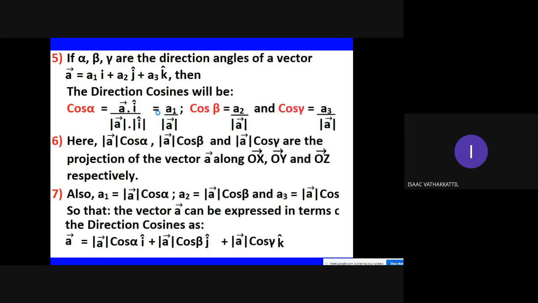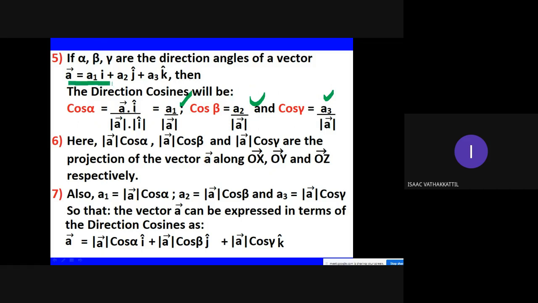Again, remember that if you have vector A equal to A1 I plus A2 J plus A3 K, then A1, A2, A3 are proportional to L, M, N respectively, because A1 by L equals magnitude A. So A1, A2, A3 are obviously proportional to L, M, and N. That means A1, A2, A3 are the direction ratios.